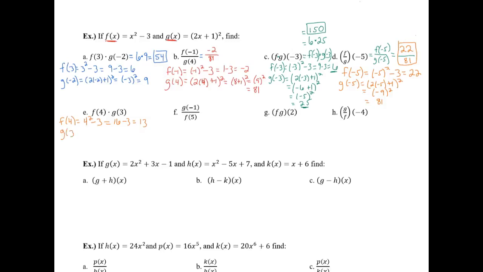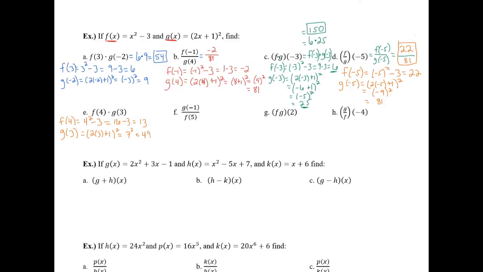g of 3 next. Plugging in 3 for x. 2 times 3 plus 1 squared gives me 6 plus 1, which is 7. 7 squared is 49. So I'm not done yet.